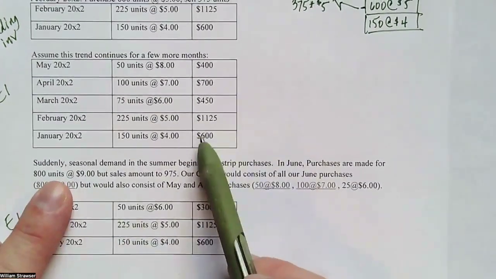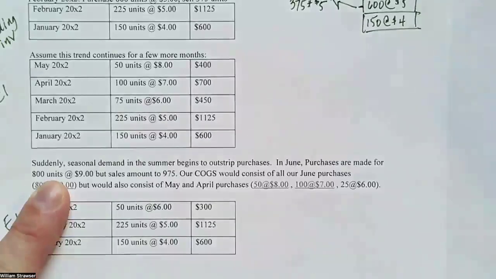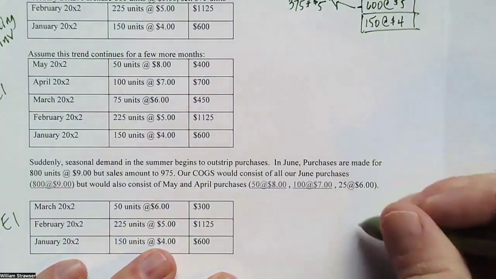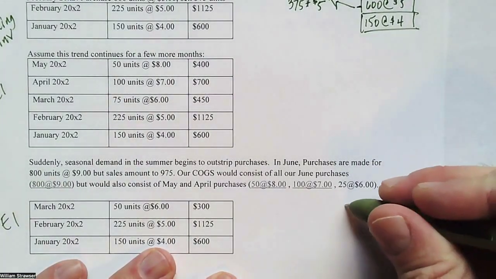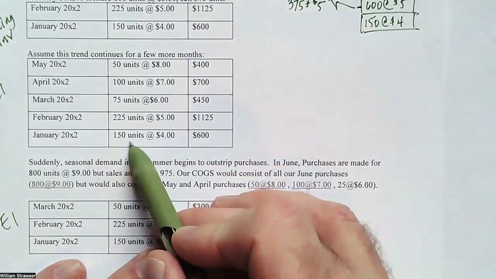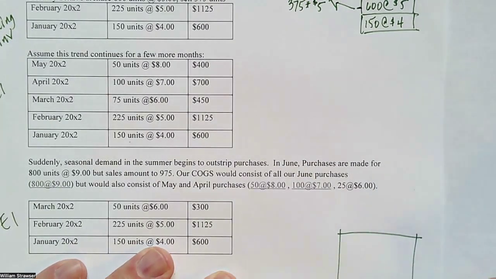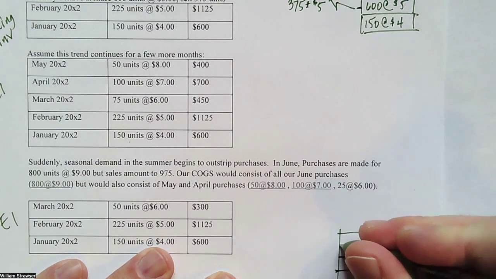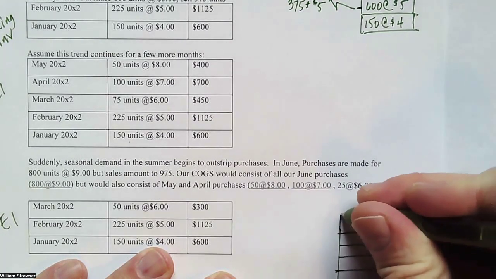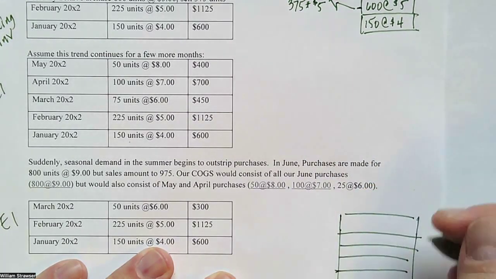We purchase each at $9. If you notice, there's been a steady increase in our inventory costs over time. So now our GAFS would consist of all these layers as our beginning inventory, and the additional layer that I purchased here.